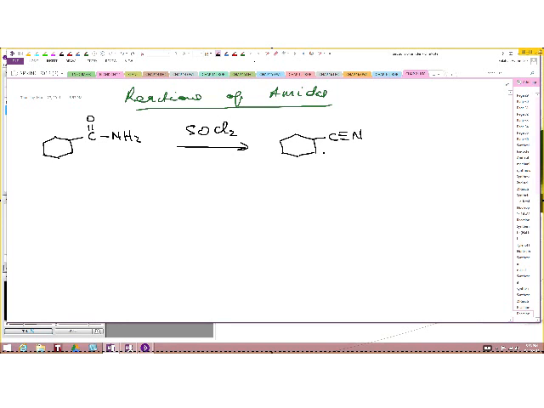In this case you get cyclohexane carbonitrile. You could also take the amide and hydrolyze it with dilute acid to get the carboxylic acid.